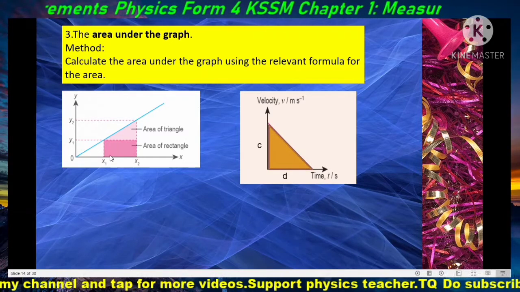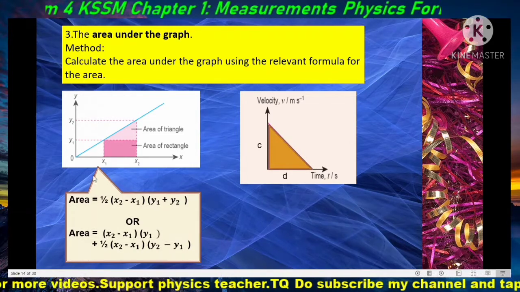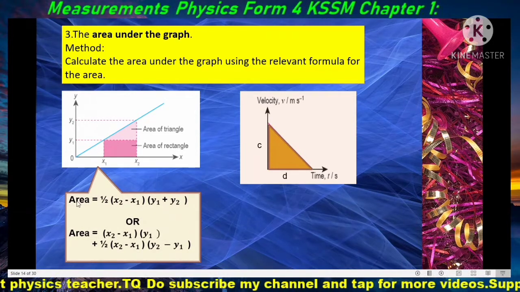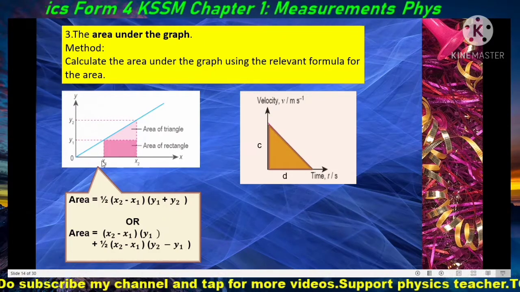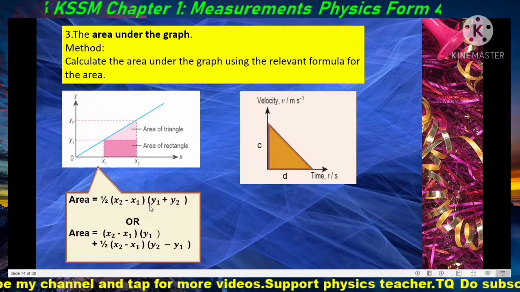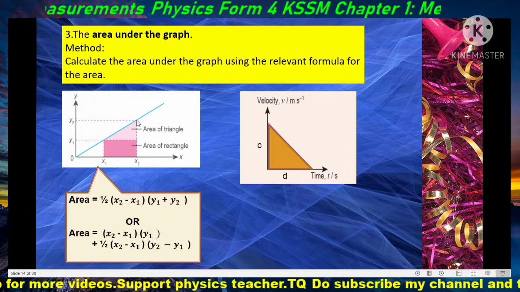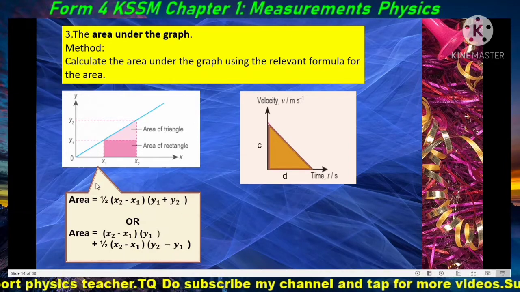So the shape is a trapezium. If you know the formula of trapezium, you can use it straight away. For example, area equals half times x2 minus x1 times bracket y1 plus y2. So this is the trapezium formula.